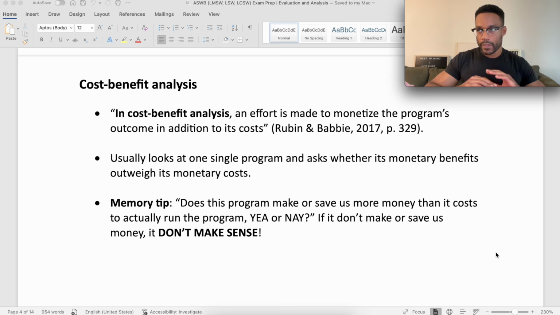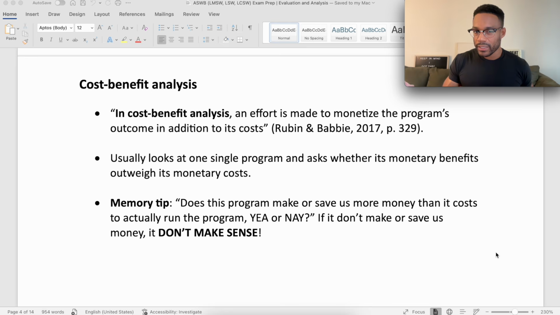And whatever the benefit of this program, the overall purpose of why this program even exists in the first place, if we're talking about preventing dropout rates or people from becoming unhoused, whatever the overall purpose of the program is, when you convert that benefit into monetary terms, like, oh, we prevent X amount of students, X amount of people from becoming unhoused, dropping out, whatever the case may be, what does that look like in terms of money?